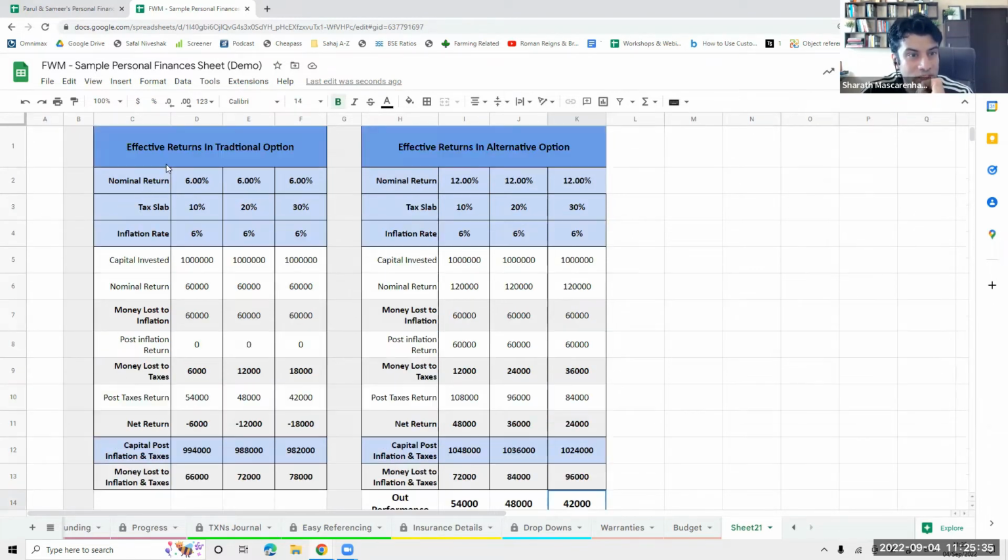So let me ask you a question. In this case, is the real return positive or negative? How many of you say negative? At inflation being 6%. Correct. It is negative, right? In Asti's case, where we're making a 12% return. Okay. Is the real return positive or negative?